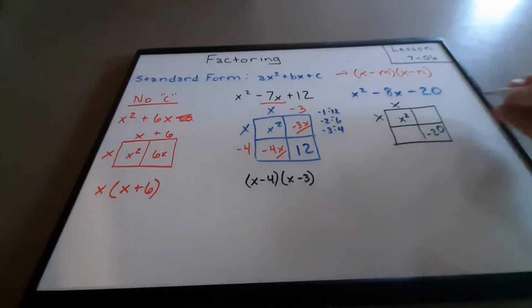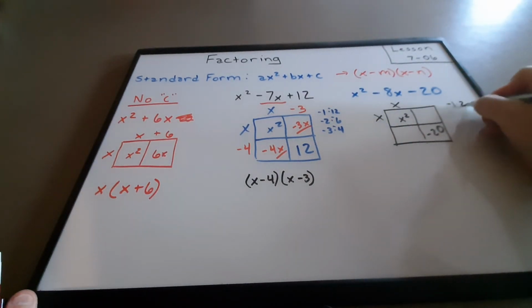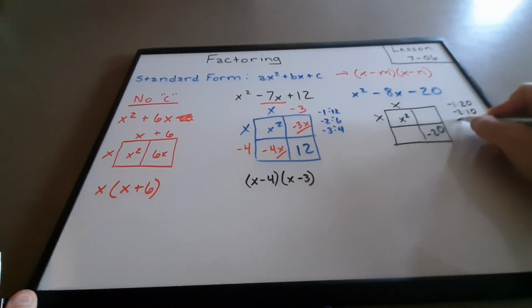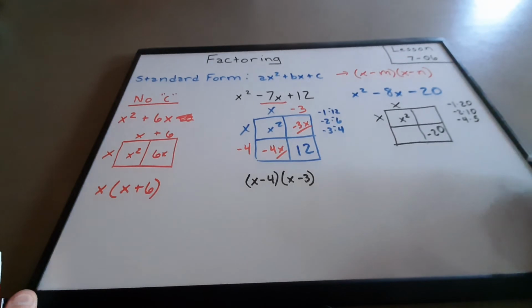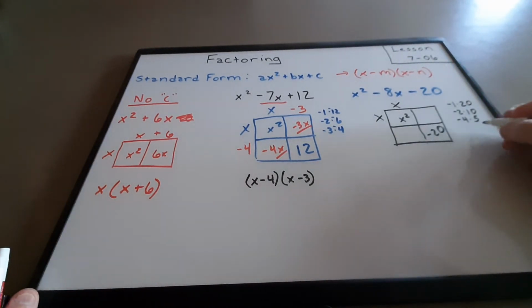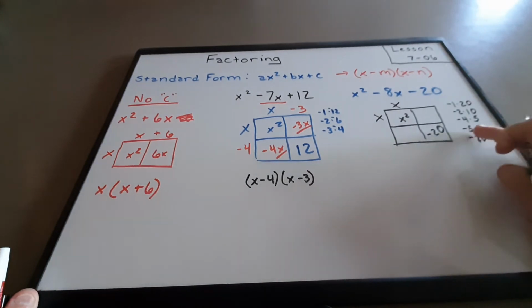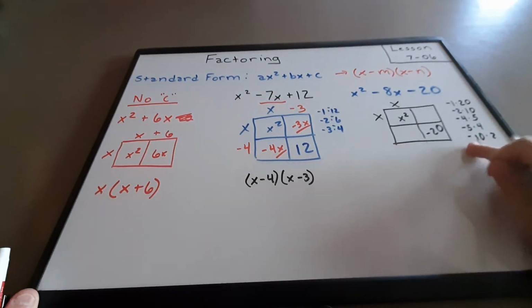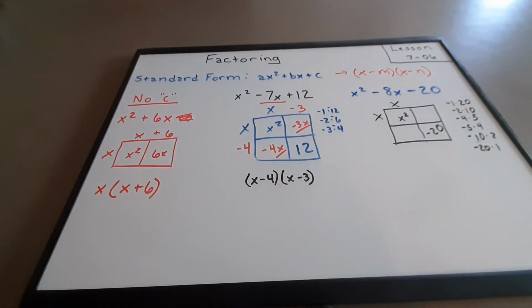So we have negative 1 times positive 20, negative 2 times positive 10, negative 4 times positive 5. Then we can also reverse these and go negative 5 times positive 4, negative 10 times positive 2, and negative 20 times 1. So these are our options.